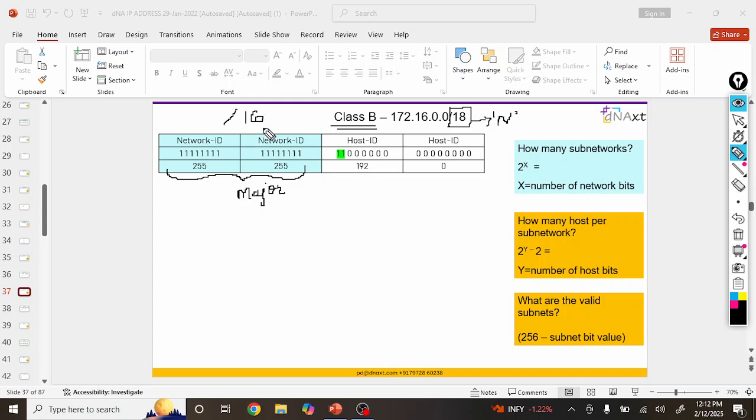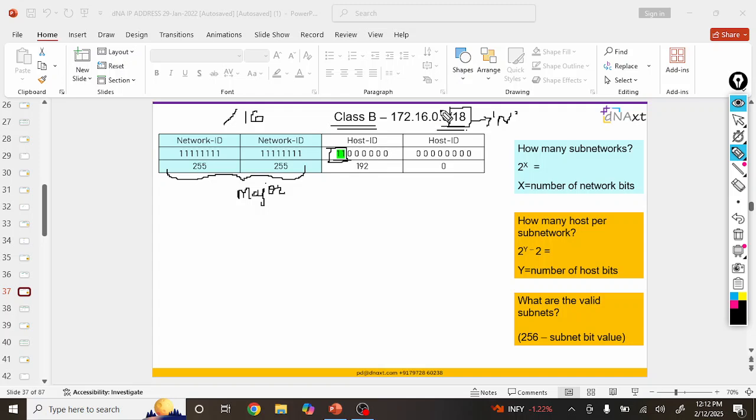So by default 16 bits will be in the network portion, and the remaining 16 bits are assigned to the host. Out of these 16 bits we have borrowed 2 bits from slash 16 to make it slash 18.